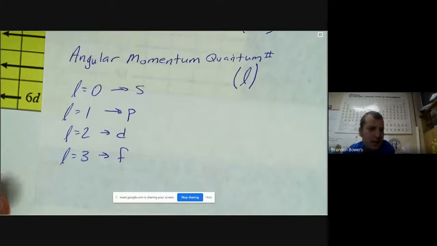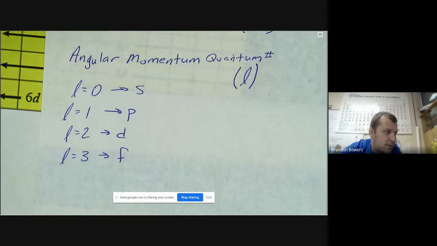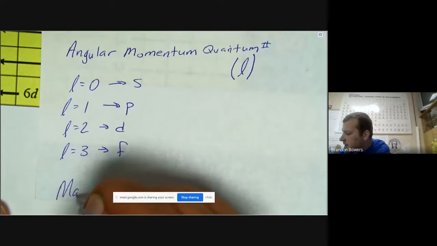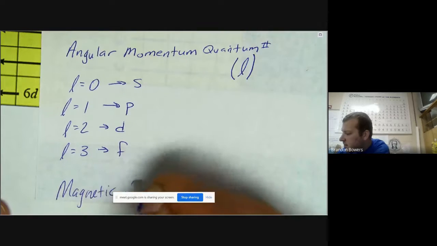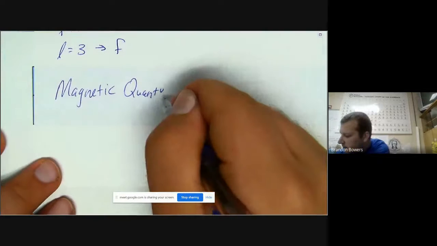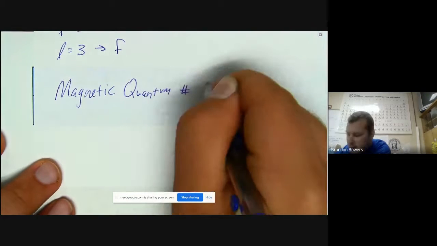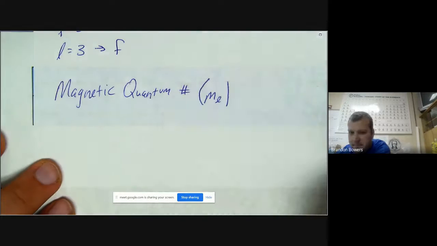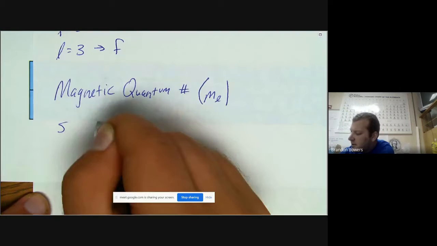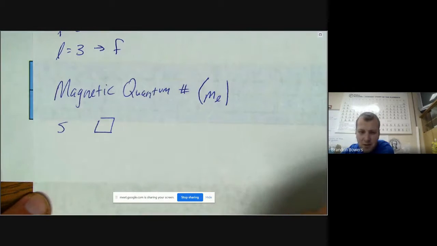After the angular momentum number, we have the magnetic quantum number. We designate this by ML with the little L. For any S, we draw one box, one orbital, and hopefully we learned that the last couple days.